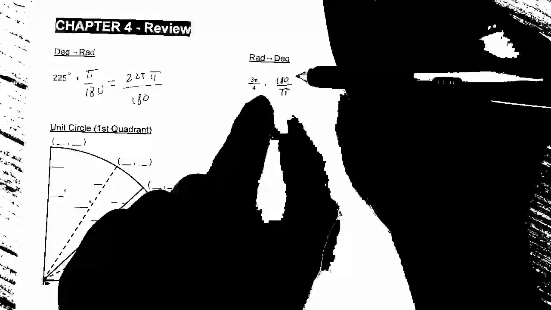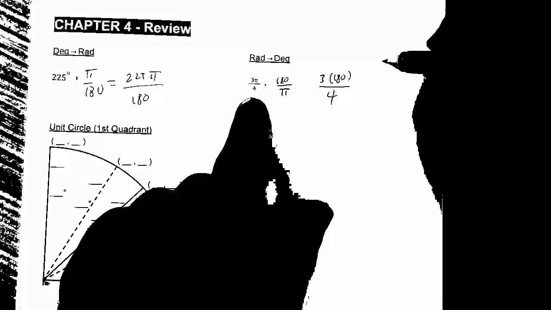Likewise, if I'm converting to degrees, I multiply by 180 over pi. A good way to remember is that you're canceling out the pi, and generally radians are written with pi inside them. So we have 3 times 180 over 4. The pi's will cancel, and you simplify.